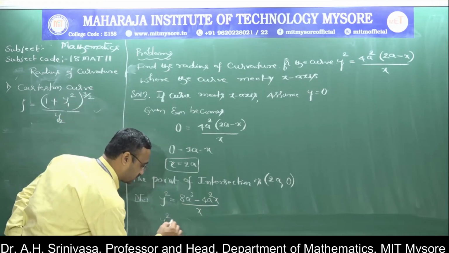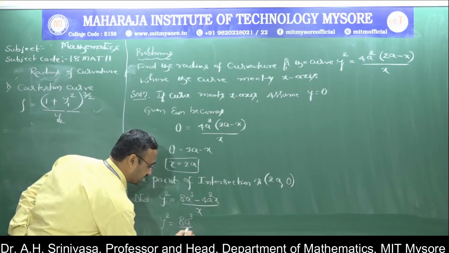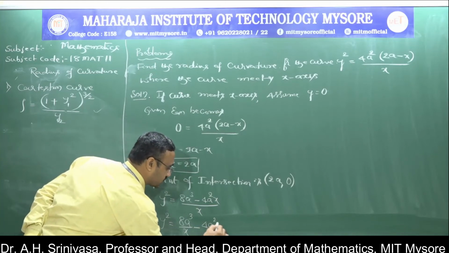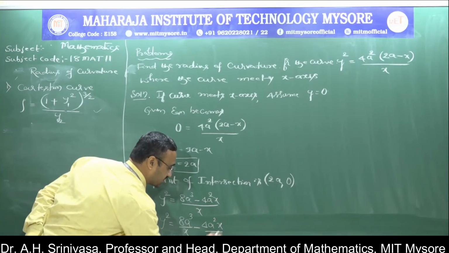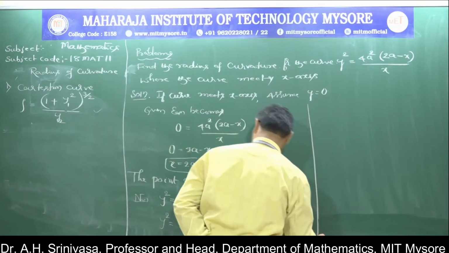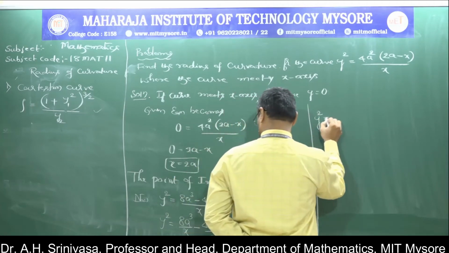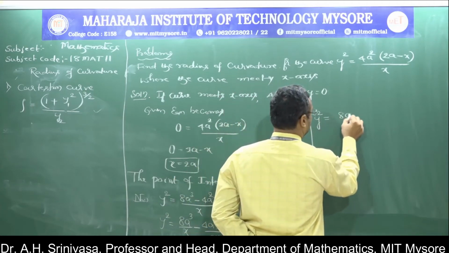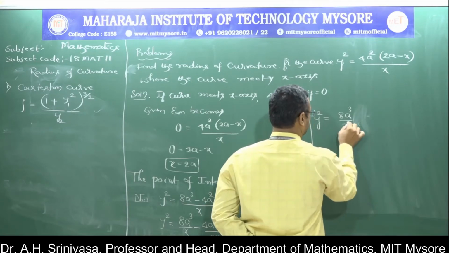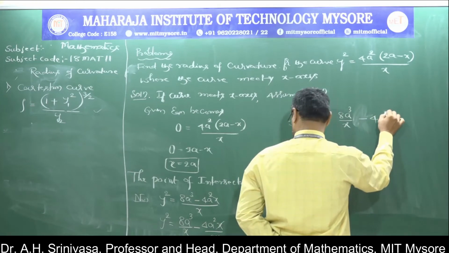We get y square equal to 8a power 3 by x, then minus 4a square x by x. We make a simplification of work. What we get now here, y square should be equal to 8a cube by x minus 4a square.